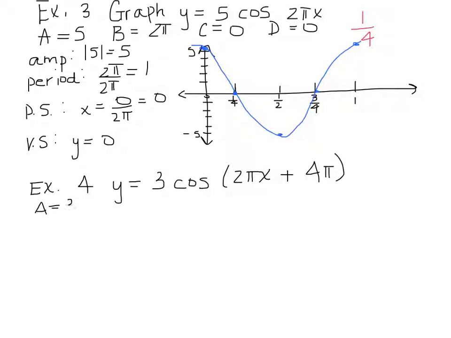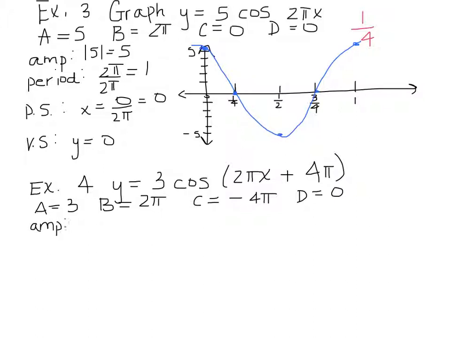So A is 3. B is everything in front of x, which is 2 pi. C, don't forget C is opposite, so it's negative 4 pi. D would be plus or minus what's outside of those parentheses, but there's nothing there.